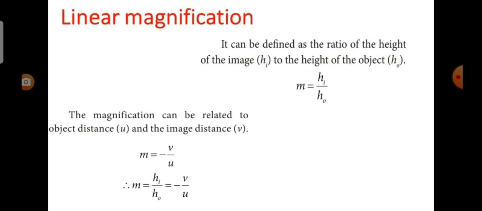That is m = hi/ho. The magnification can be related to object distance and the image distance. That is m = -v/u. Therefore, m = hi/ho = -v/u.